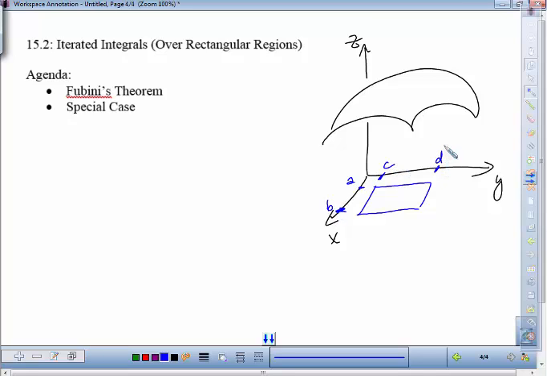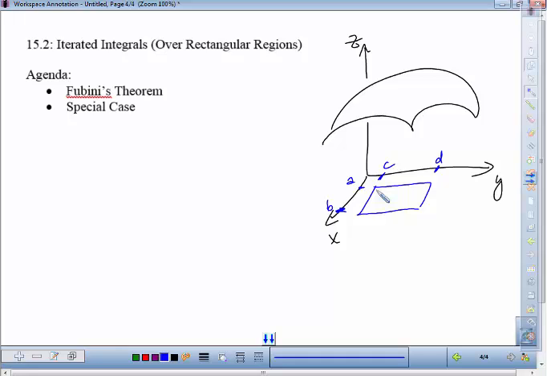So let's take a look at this area now. Instead of looking at the partitions, let's try to get a little fancier with the integrals that we know of. And what we can do is, kind of like when we took partial derivatives, we fix a variable so that you pretend it's constant.